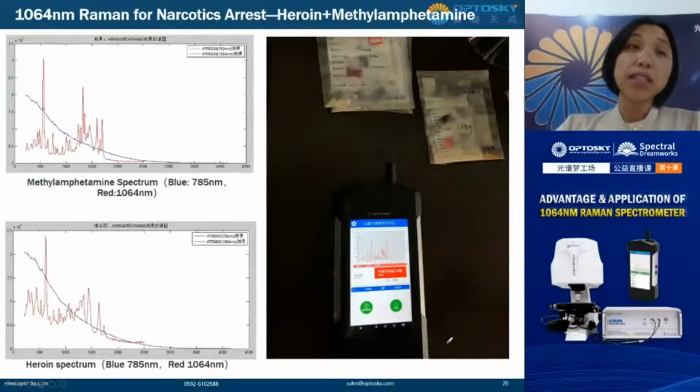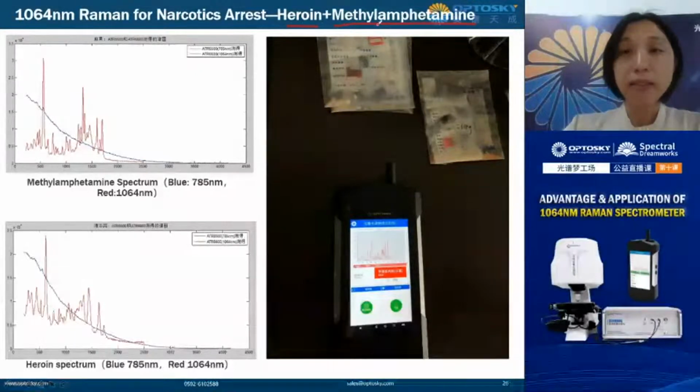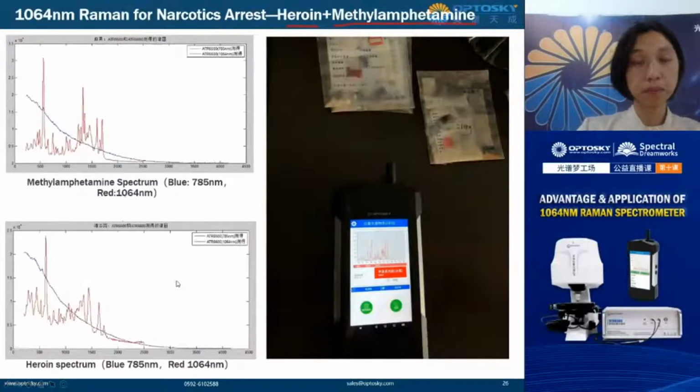And then 1064 nanometers Raman for narcotics arrest. We use it to detect heroin and methamphetamine. This is the spectrum. The blue one used the 785 Raman spectrometer, and you can see that this spectrum has a big fluorescence background.